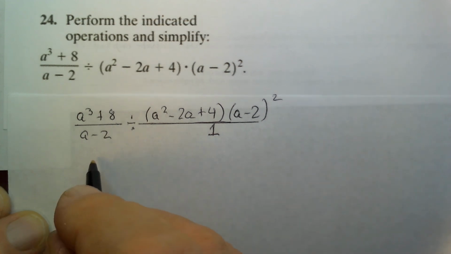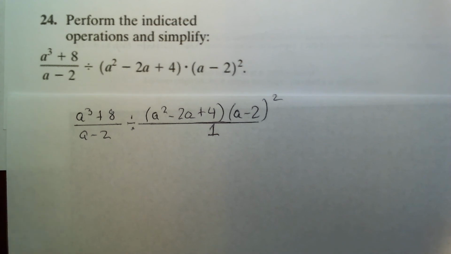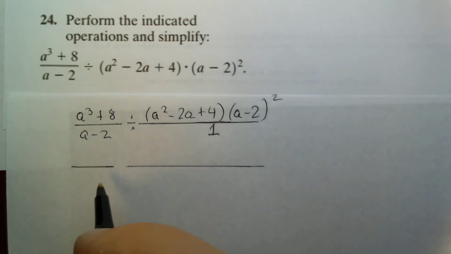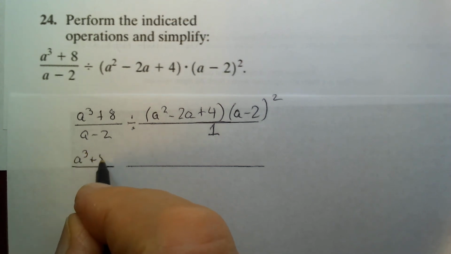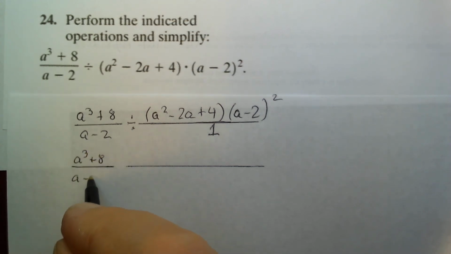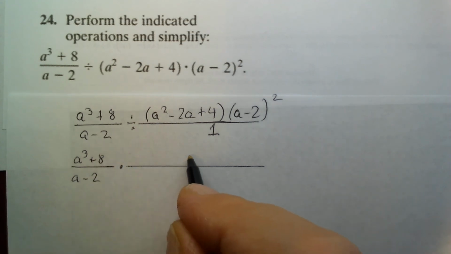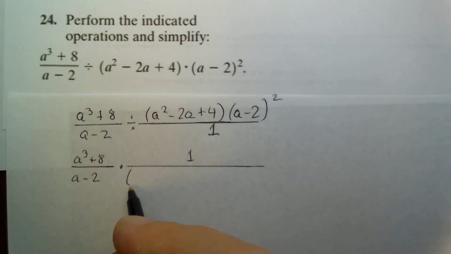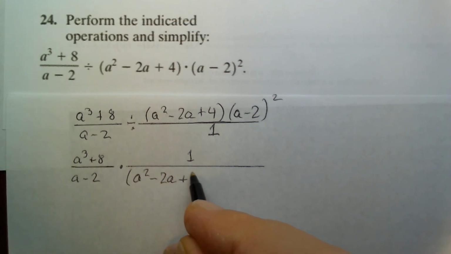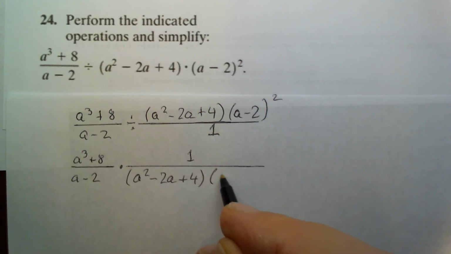So now we multiply by the reciprocal of the second expression. So that is, we have a to the third plus 8 divided by a minus 2 times 1 divided by a squared minus 2a plus 4 times a minus 2 squared.